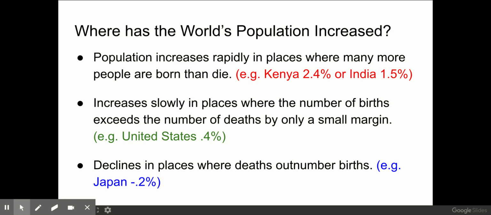It increases slowly in places where the number of births exceed the number of deaths by only a small margin. So the United States only has a 0.4% increase rate. And it declines in places where deaths outnumber births. So like Japan has a negative 0.2% increase rate, or you could say a 0.2% natural decrease rate.